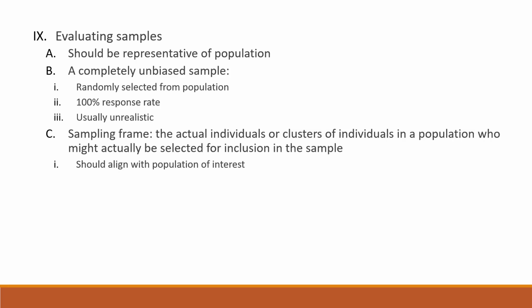Sampling frame refers to the actual individuals or clusters of individuals in a population who might actually be selected for inclusion in the sample. The sampling frame doesn't always align with the population, which means we can't always find or access everyone we're interested in. If you're asked to take a survey on a receipt from Walmart, only people with access to technology and the internet can take that.